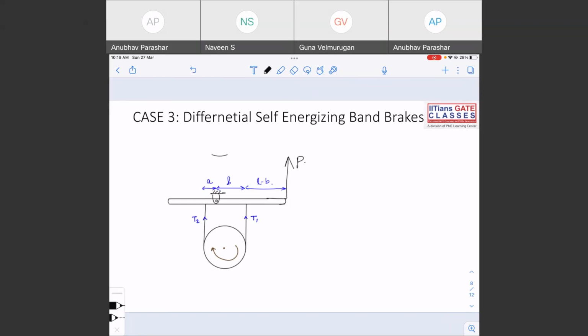Write down both the equations. The first equation is T1 by T2 is equal to e to the power mu theta. Right, this is equation number 1. The second equation, again moment about the hinge point is 0.